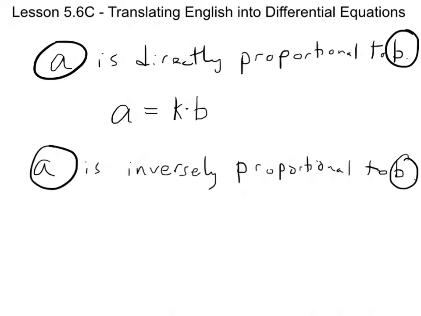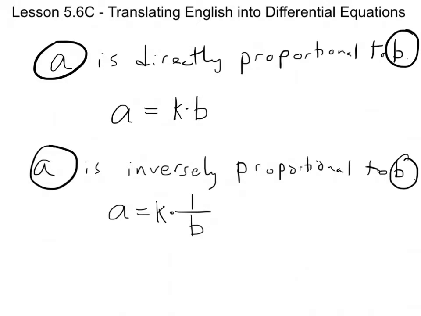Saying that it's inversely proportional is saying that A is equal to 1 over B, again, with some proportionality constant thrown in. So the idea here is that in directly proportional, as A goes up, B goes up. In this one, if A gets larger, B effectively has to get smaller in order for this to balance out. So really that's the only vocabulary that you're going to need to know in order to work through the rest of these problems. Any other vocabulary we'll pick up along the way.